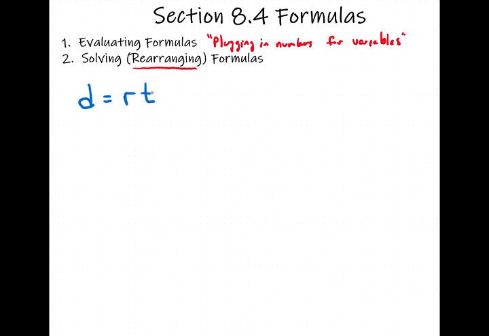So let's say you have this formula, distance equals rate times time, and you're given, let's say a car is traveling at a speed, rate is speed. Let's say a car is traveling at a speed of 55 miles per hour, and it's traveling at that speed for 4 hours.